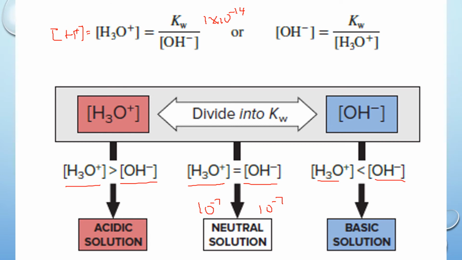So you can see for acidic solution, the concentration of proton is going to be greater than 10 to the negative 7, and for the hydroxide, it's going to be less than 10 to the negative 7. For a basic solution, the concentration of proton is going to be less than 10 to the negative 7, and the concentration of hydroxide is going to be greater than 10 to the negative 7.